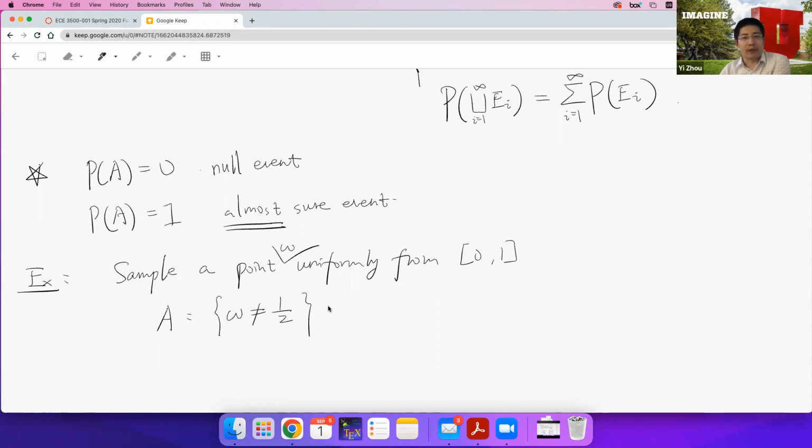And this is an event because the omega set, the set of all outcomes, is simply this entire interval from 0 to 1, because you are picking a point uniformly from this interval.